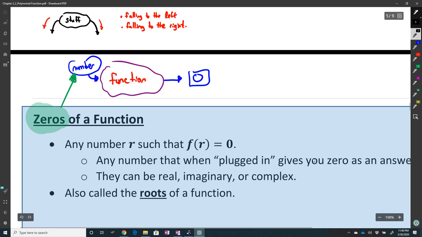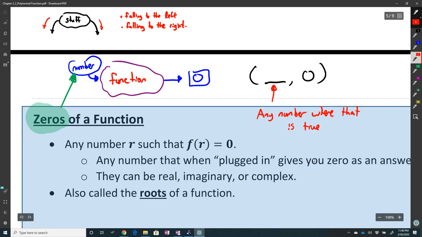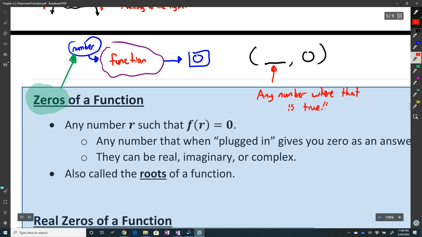Or think of it this way: it's any number where this is true. So if you plug in an x and you get 0 as your answer, we call the number in general a 0. Another fancy term, depends on the book you're using, sometimes they'll use roots.